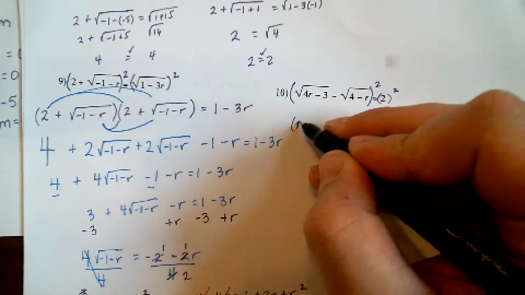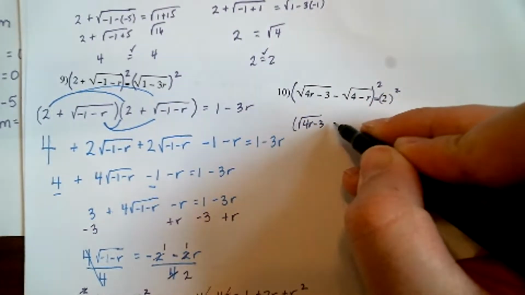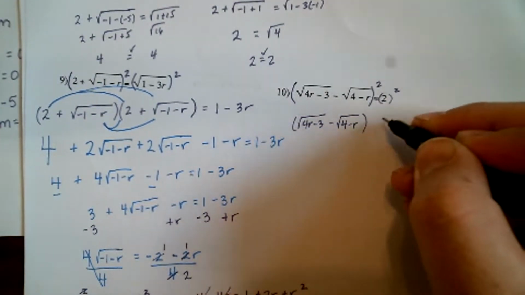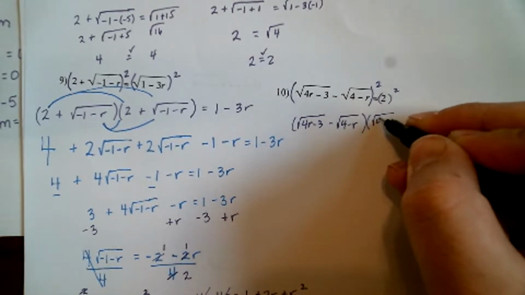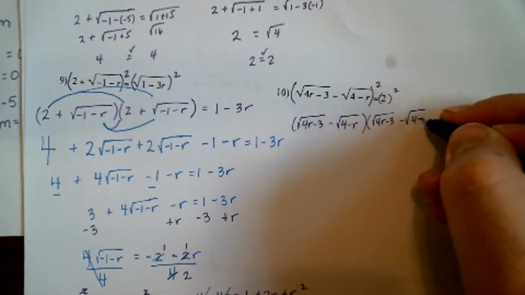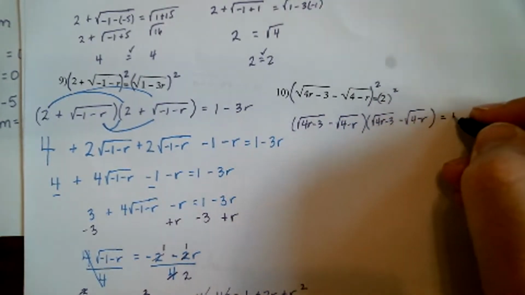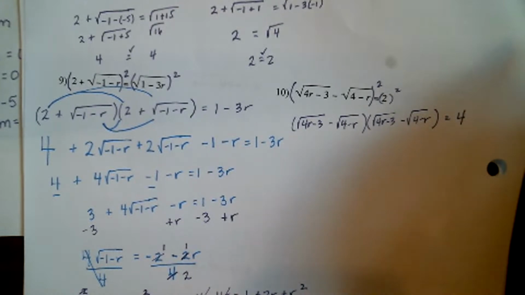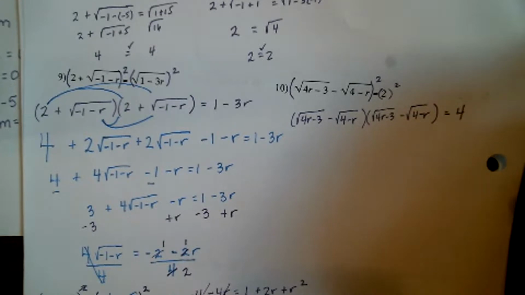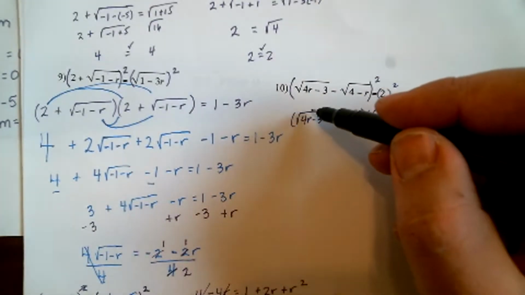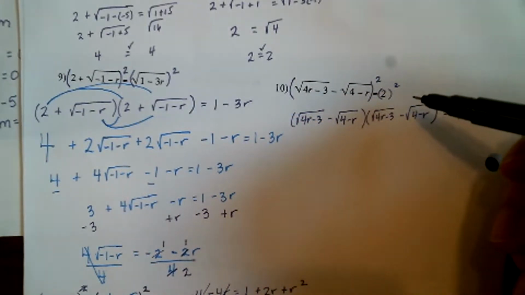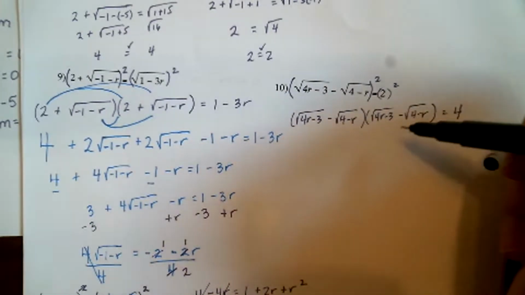And then you literally have this problem right here, radical 4r minus 3 minus radical 4 minus r times radical 4r minus 3 minus radical 4 minus r is all equal to 4. And then you would have to FOIL that. But here is where your issue would run into doing that.